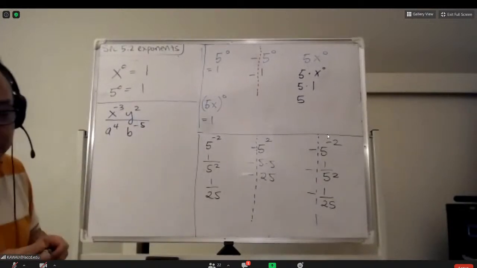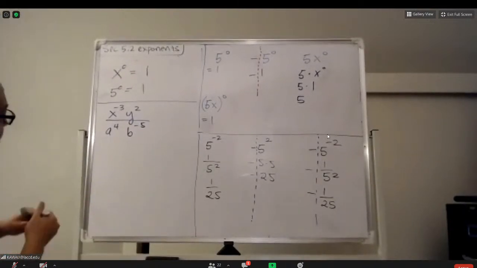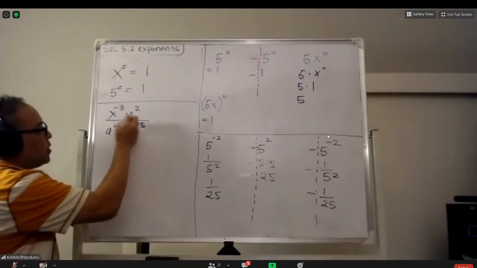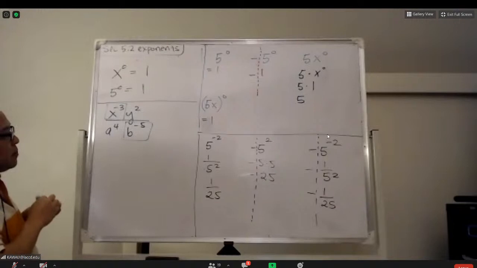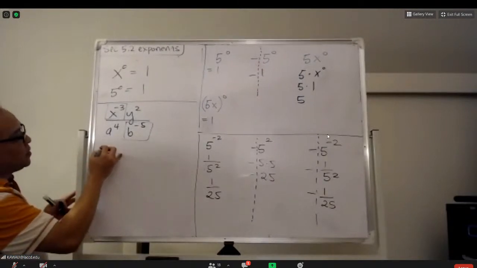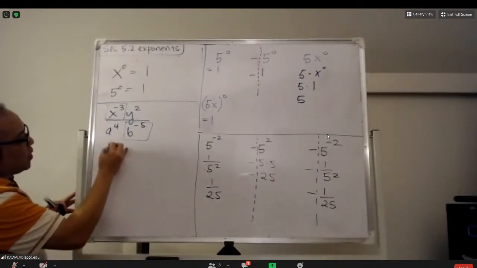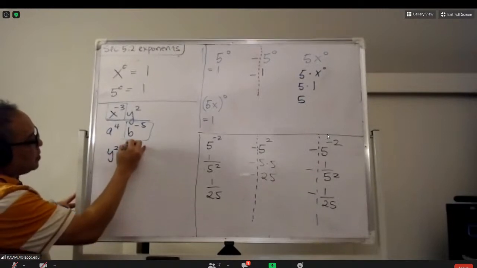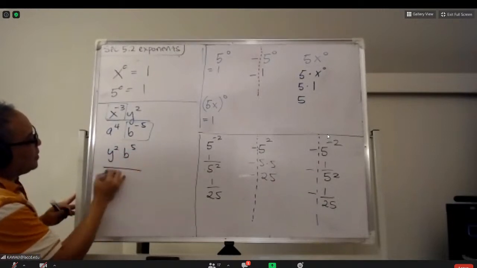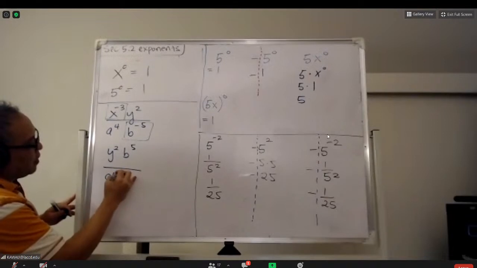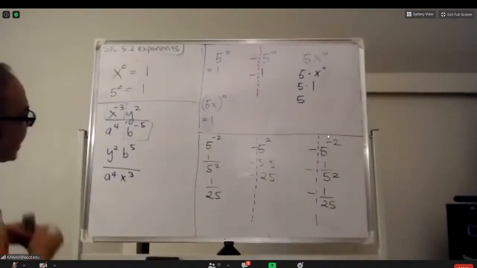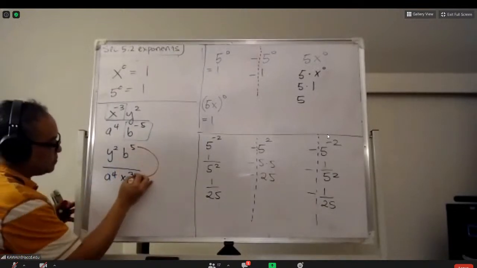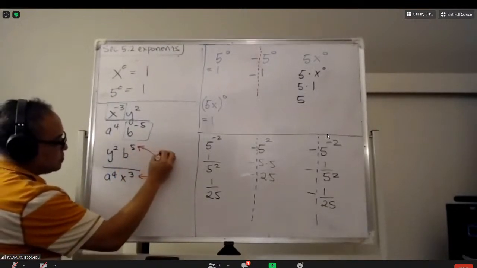So anytime I have a negative exponent, this one and this one need to change levels. So this turns into y squared b to the 5, and then a 4 x to the cube. When you change the level, that's how you make these positive. So you would just basically flip them.